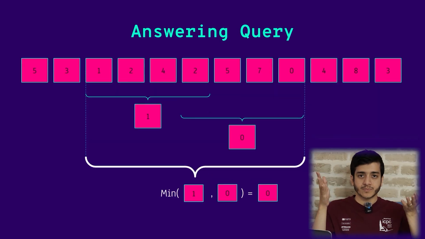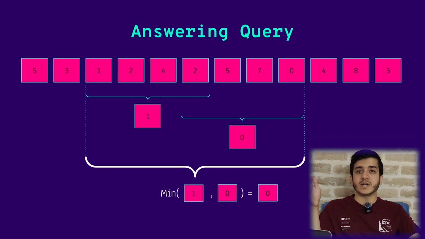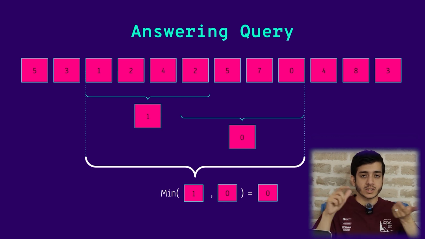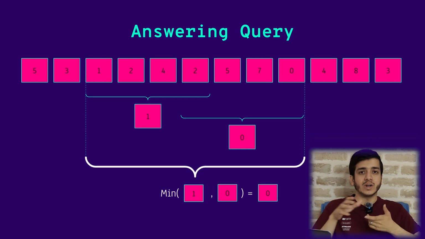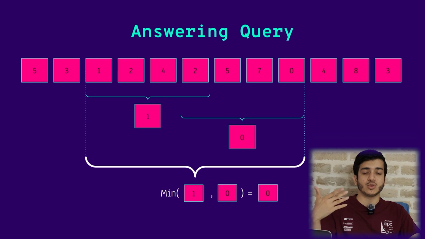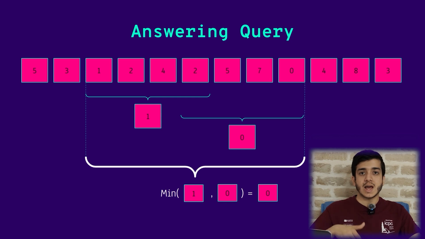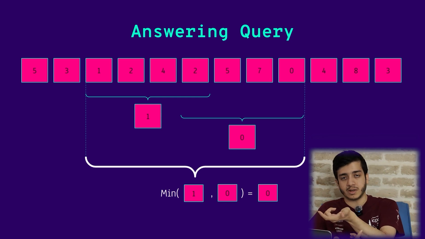And to answer query, it's very similar to what we did before. You remember that overlapping segments doesn't matter in RMQ, so we can have overlapping segments and easily answer queries. So for our query with length, for example, L, we first find the largest power of 2 less than or equal to L. Let's name it P. And we already know the minimum of the first P elements of our query and the last P elements, right?